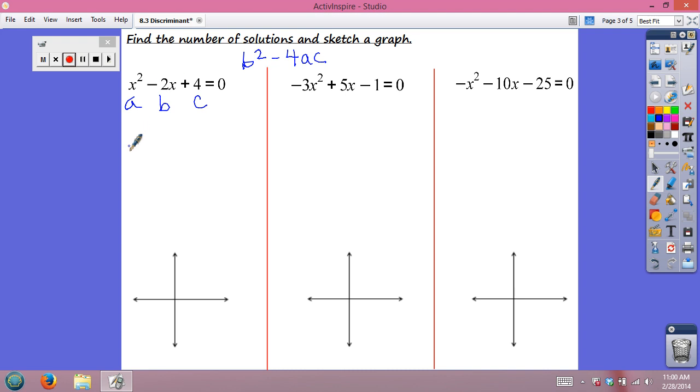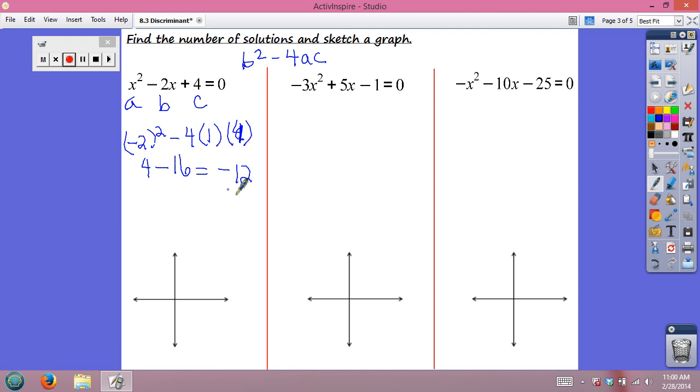So if our b is negative 2, we get negative 2 squared minus 4 times a, which is 1, times c, which is 4. So negative 2 squared we know is 4, minus 4 times 1 times 4 is 16. So we get 4 minus 16, which is negative 12.